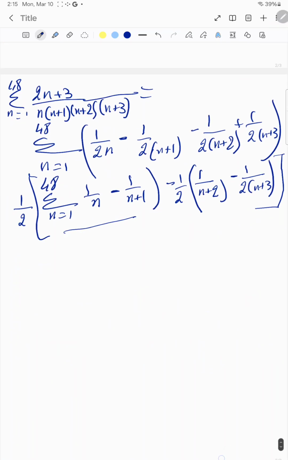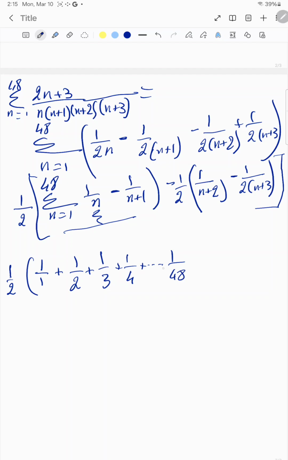So if I want to work on this, when n goes from 1 to 48, I will put the 1/2 here. And the first term will become 1 divided by 1. The second term is 1 divided by 2 plus 1 divided by 3 plus 1 divided by 4, up to 1 divided by 48.